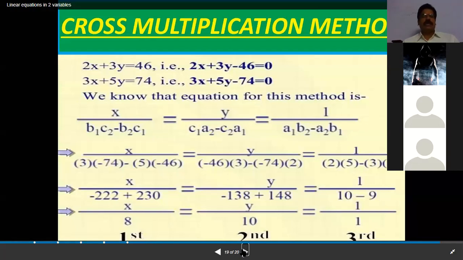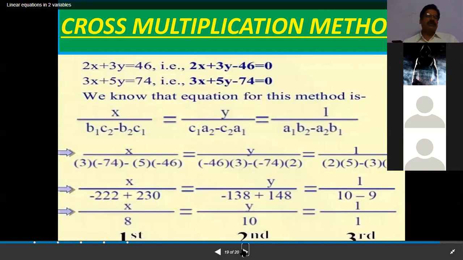b1 is 3 and c2 is minus 74, so 3 of minus 74, minus b2, which is 5, 5 of c1 minus 46, compulsory equal to 0. Don't forget. y by c1 minus 46, a2 3, minus c2 minus 74, a1 2, equal to 1 by 2 5s are 10, a1 b2, minus 3 3s are 9.